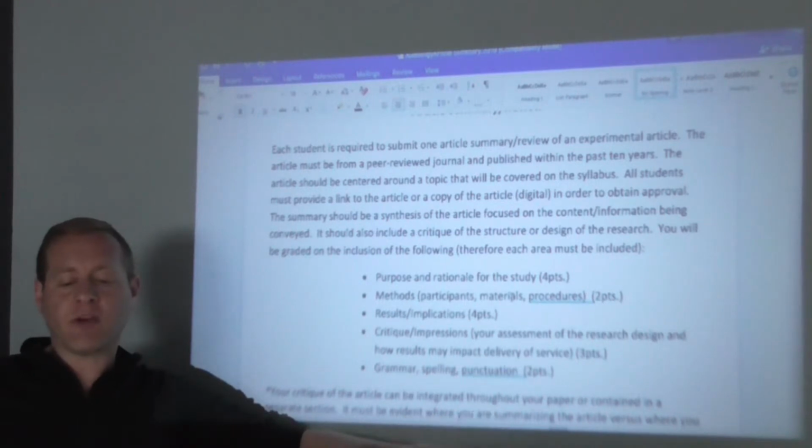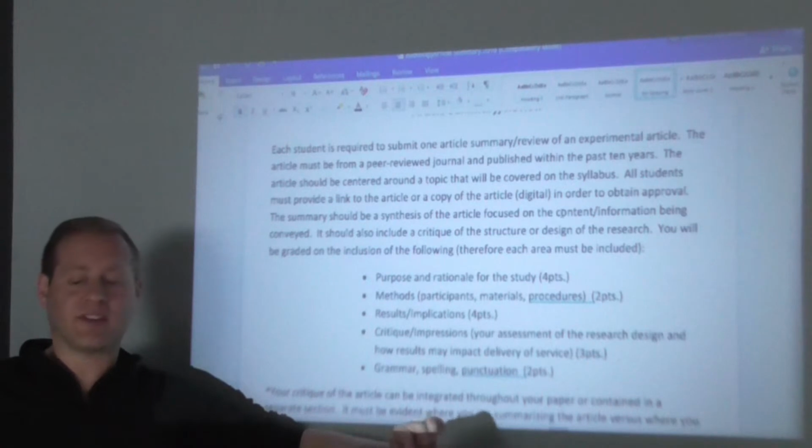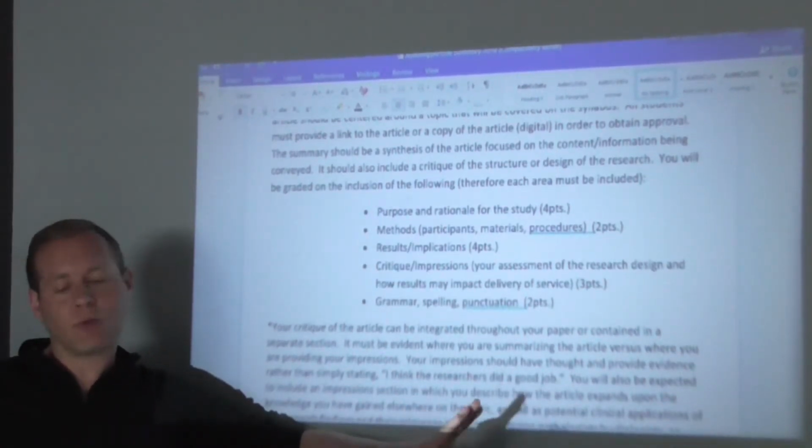So your summary should be a synthesis of the article focused on the content and information that is being conveyed by the authors. You are also going to critique the structure or the design of the research. So here is a basic rubric of how you will be graded and the points that you will earn. You'll see here there's a total of 4, 8, 10, 15 points for a total of 15% of your grade for the article summary.